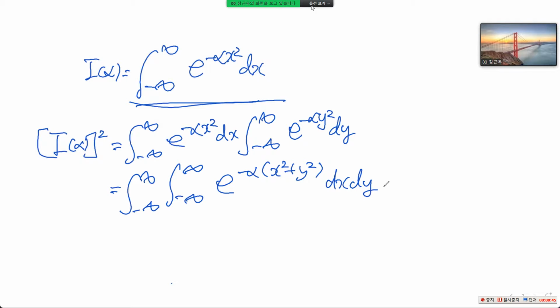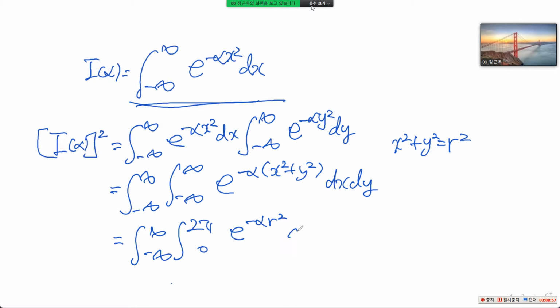In polar coordinates, x squared plus y squared is r squared. So we can say r e to the minus alpha r squared dr d theta. Why is there r? Because as I mentioned, it is the Jacobian discriminant of the Jacobian matrix.